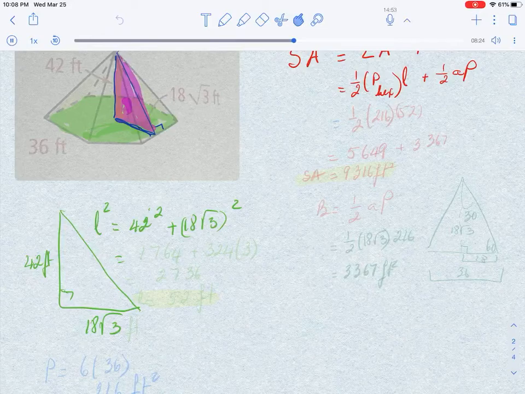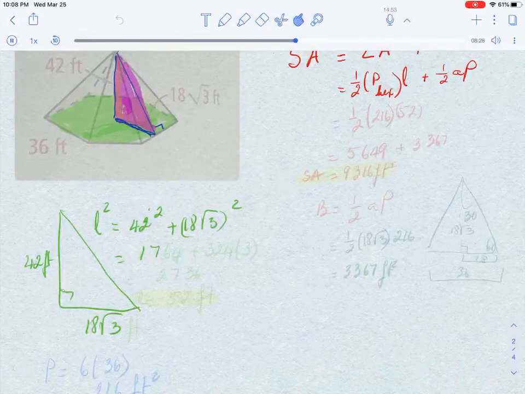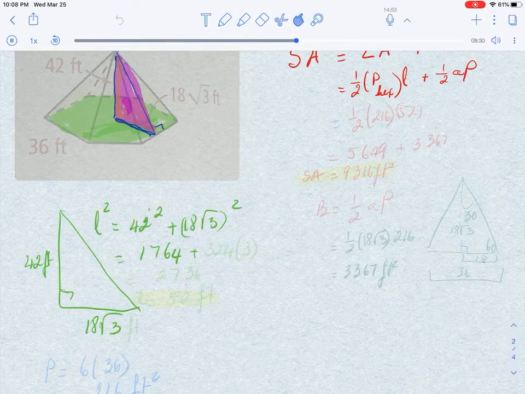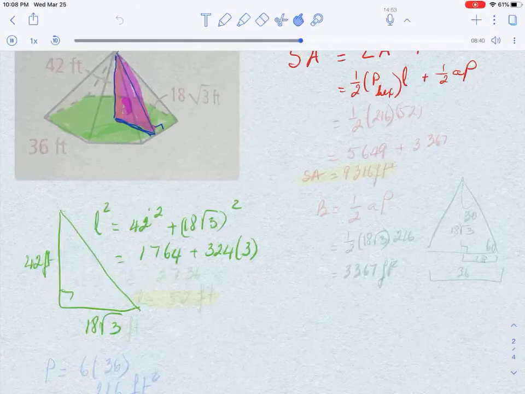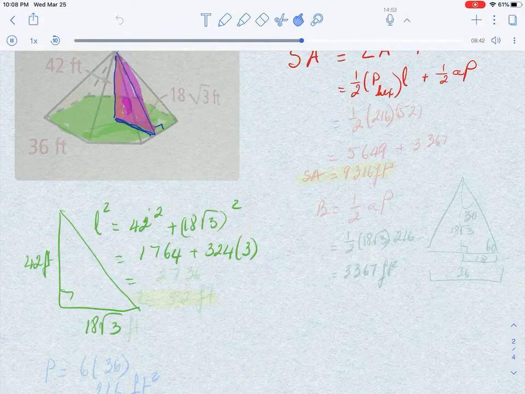42 squared should give me 1764. 18 squared should give me 324. The radical 3 times itself, the square root squared, is going to be 3. So I should have 1764 plus 972, which gives me 2736.